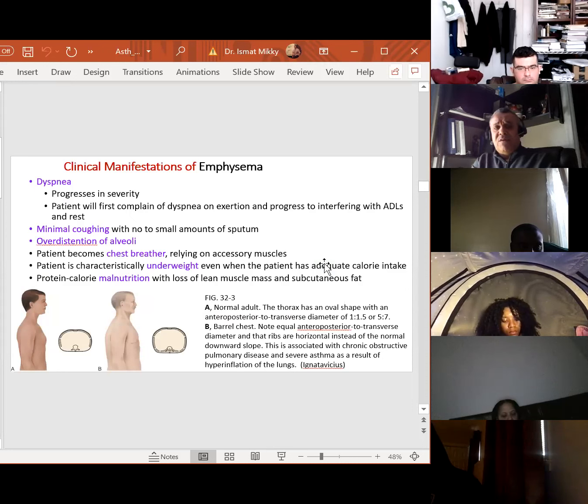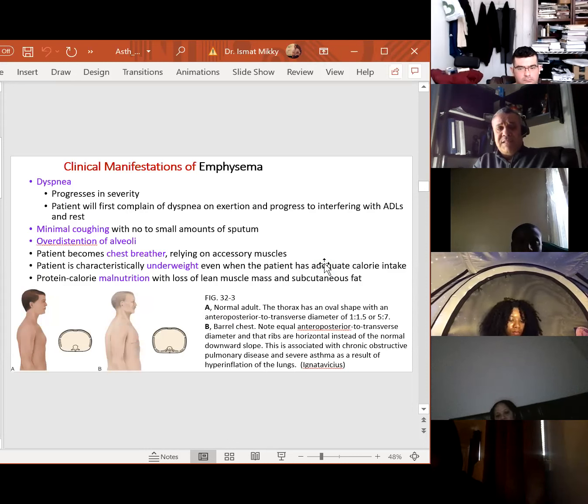So in emphysema, one of the first signs is dyspnea. The major sign of emphysema is dyspnea. There is over distension of the alveoli. So why do the alveoli become over distended?